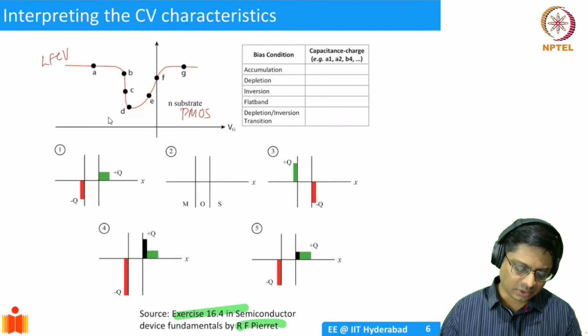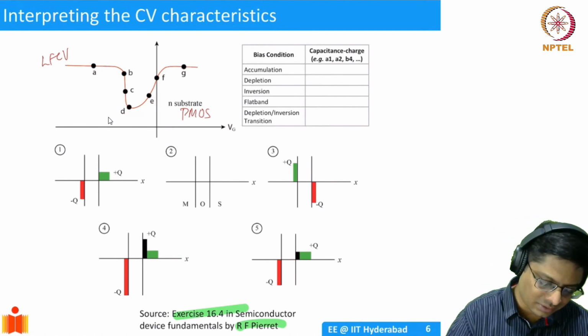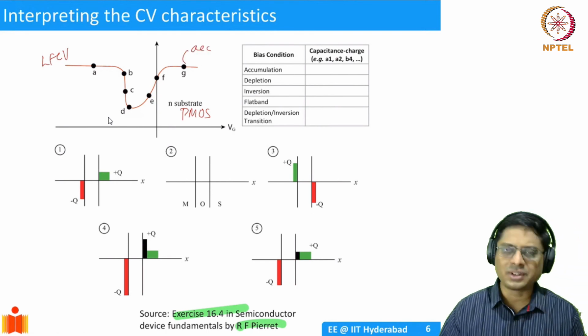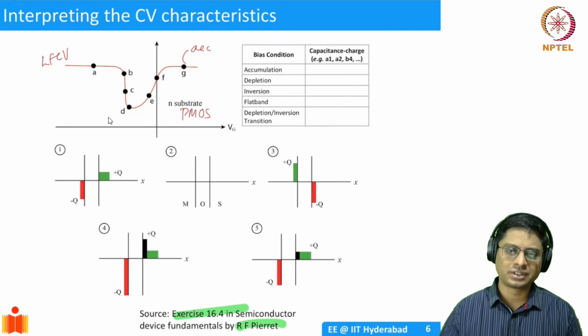All right. So first, let us look at accumulation. This is clearly accumulation. In accumulation, what do you expect? You have excess negative charge on the substrate. And that has to be at the interface, right?